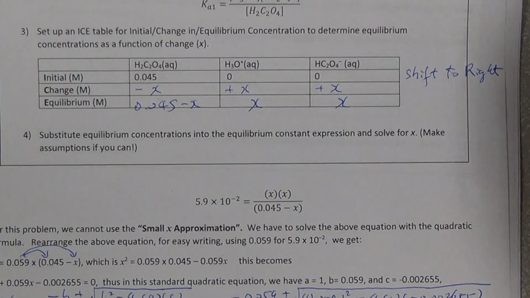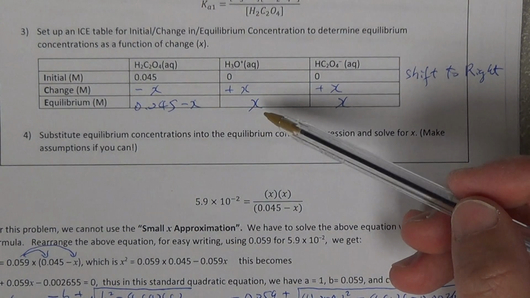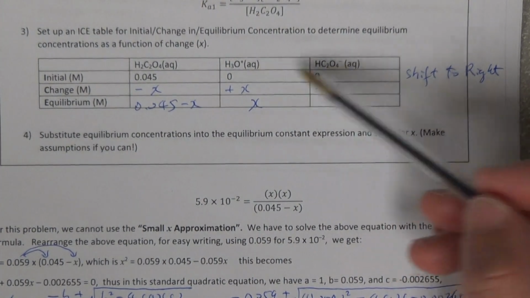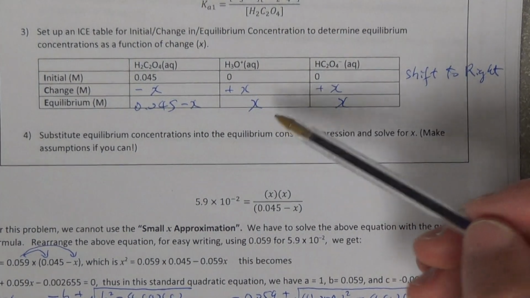because we cannot have negative equilibrium concentrations. You can see in the IC table, the x standing for the equilibrium concentration of these two cannot be negative.